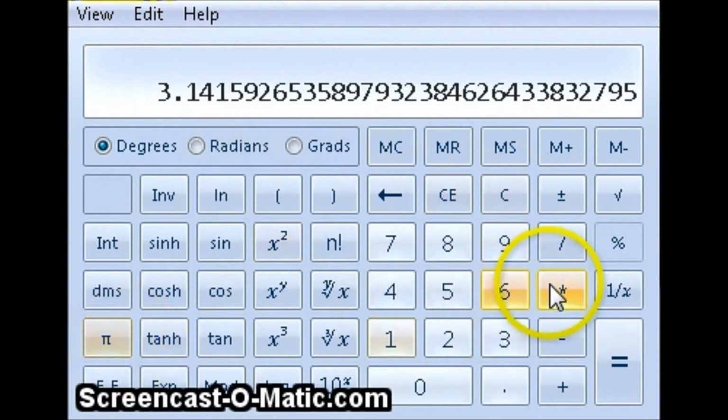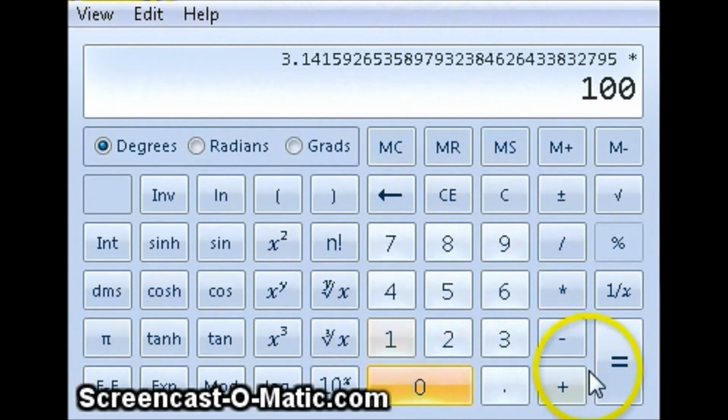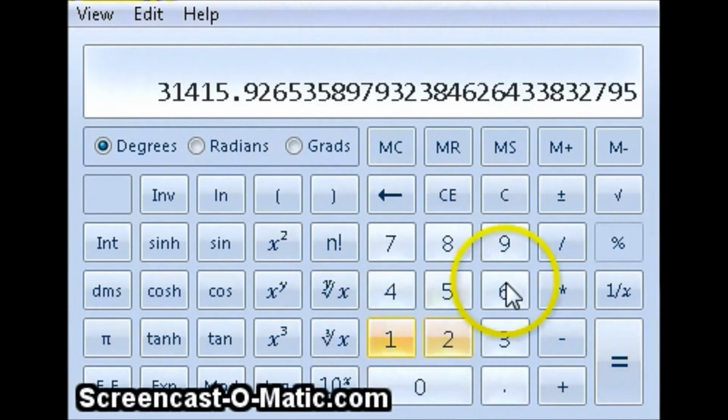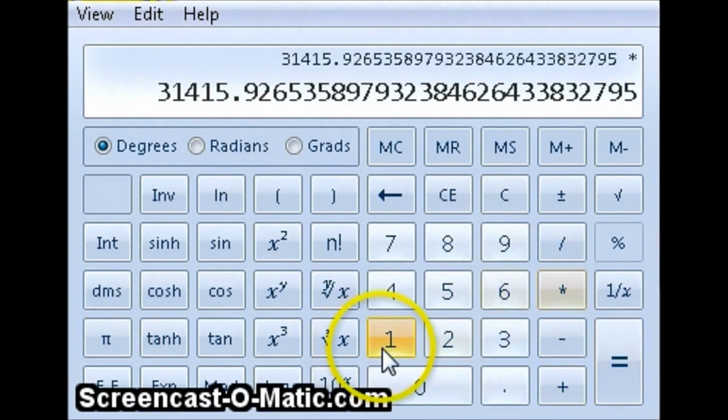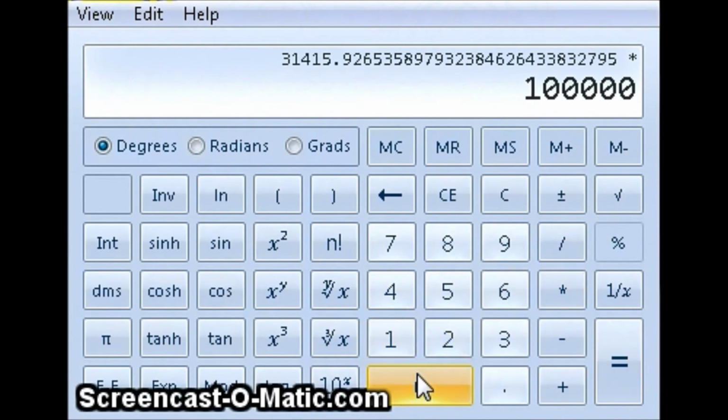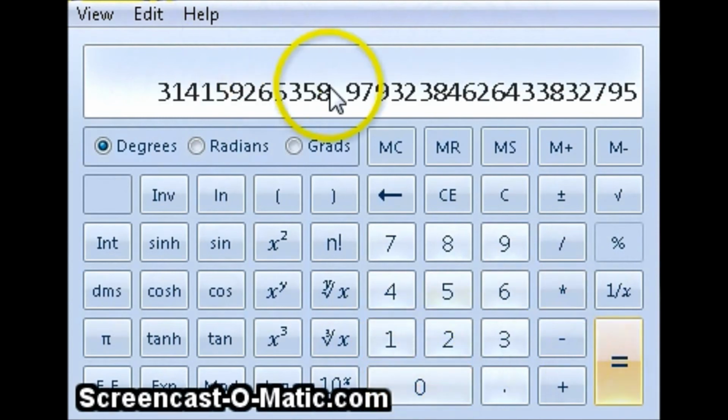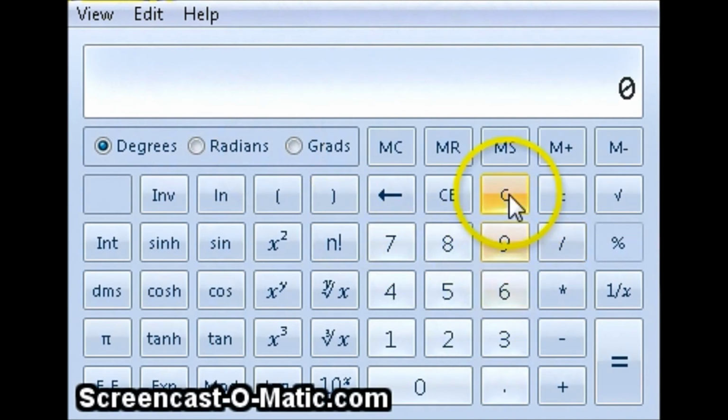If you multiply it by 100, it'll move the decimal place 2 places out to the right. And if you increase the number of zeros, it'll move more to the right.